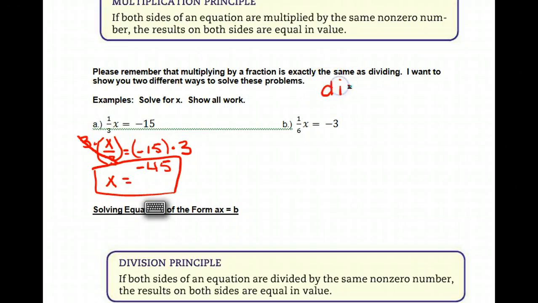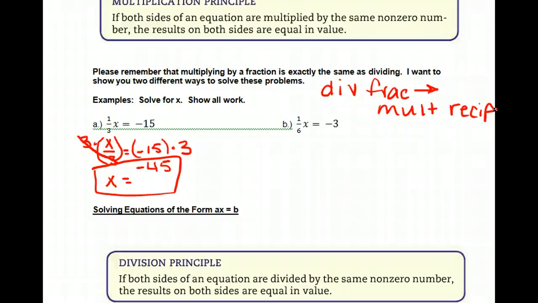To divide by fractions, our steps were to multiply by the reciprocal. Do you guys remember doing that? We kept our first fraction the same, we changed our division to multiplication, and we multiplied by the reciprocal.